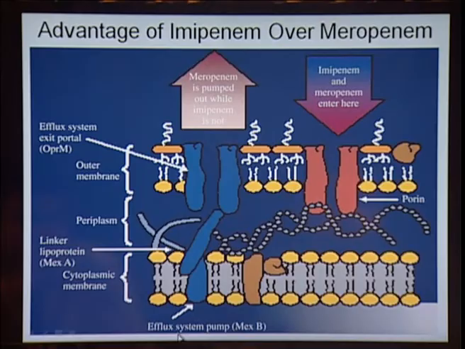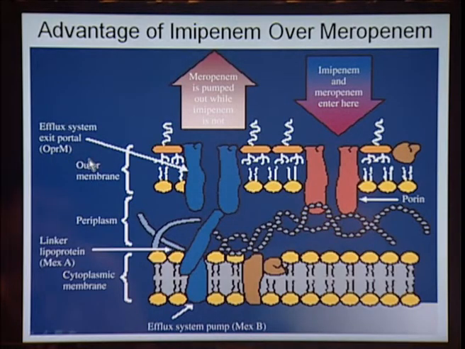Meropenem will be eliminated by a mechanism, the efflux system of MexB or MexA, which takes it out into the outer membrane, and finally OprM pulls it out of the cell wall. So before the molecule is active, it is thrown out of the bacterial cell. Look how smart the bacterial system is in order to cater resistance to costly antibiotics like meropenem.